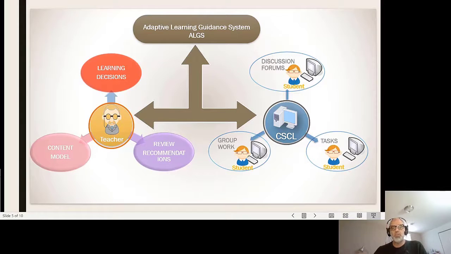How do we merge the strengths of both into this adaptive learning guidance system, the machine learning that would measure what the environment can tell us about the students versus what the teacher knows, and how can the teacher's experience benefit this process?